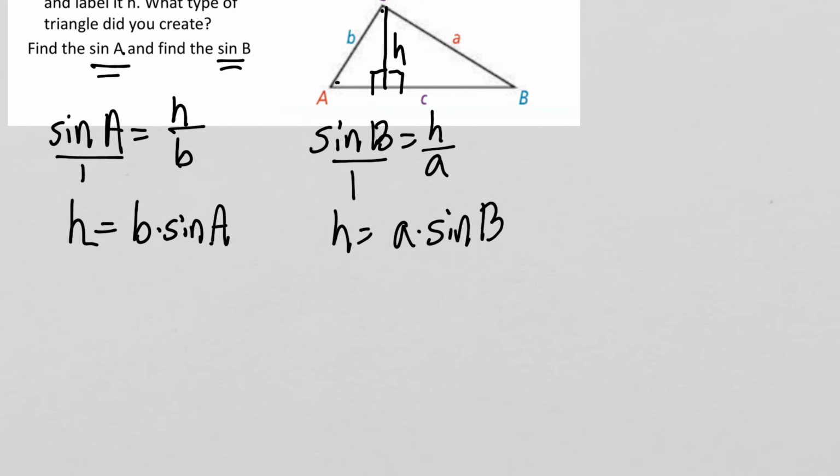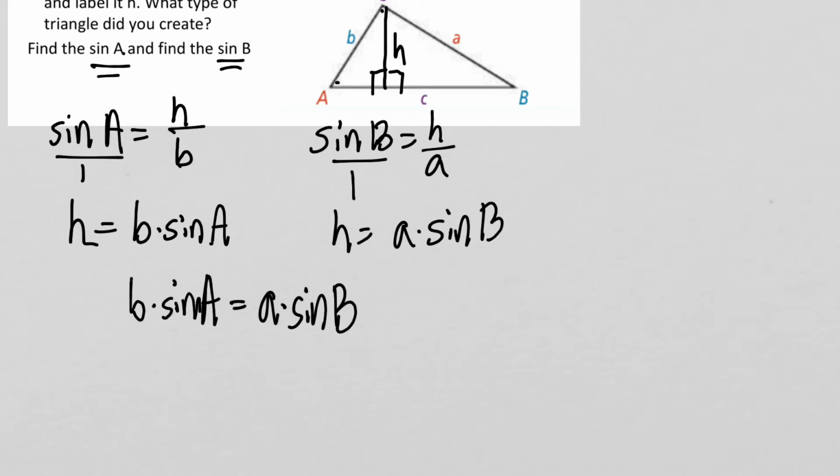Because they're both equal to H, we can make them equal to each other. So we're going to have b times sine A equals a times sine B. We pretty much have the law of sines here, but now they're organizing it so it makes a little bit more sense. So if you notice here, we have little b, which is side B, and we have sine B, the angle on the other side.